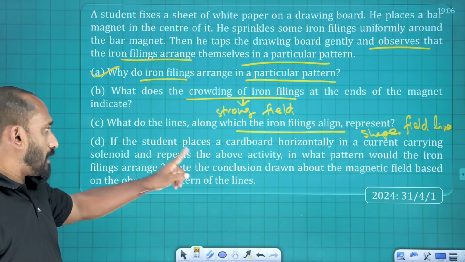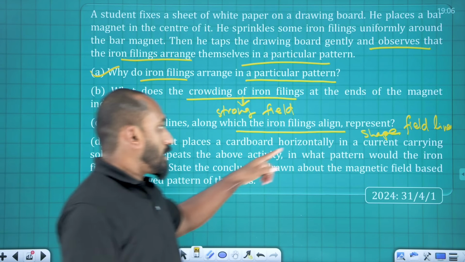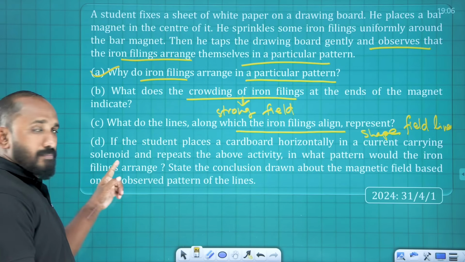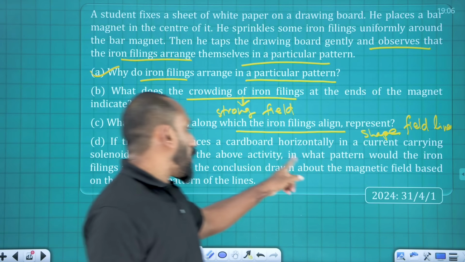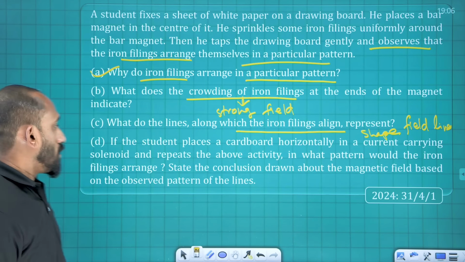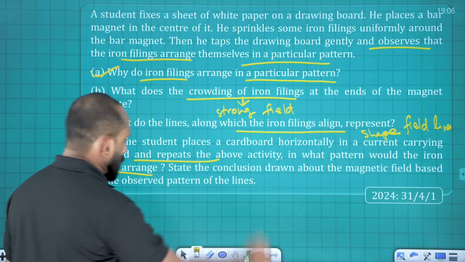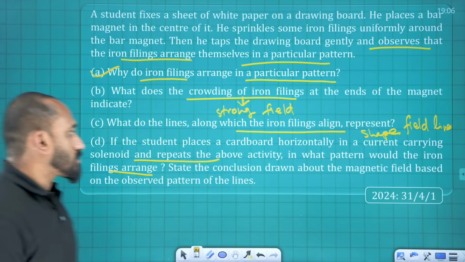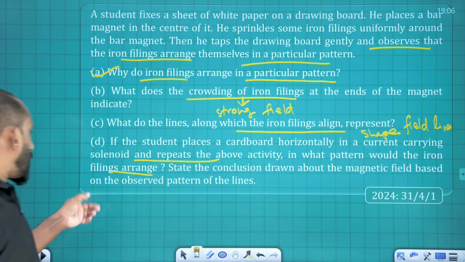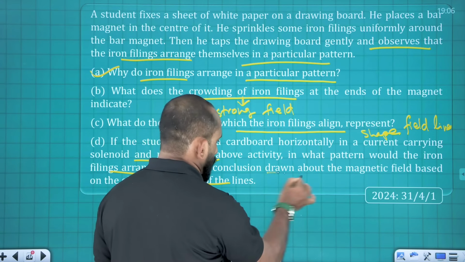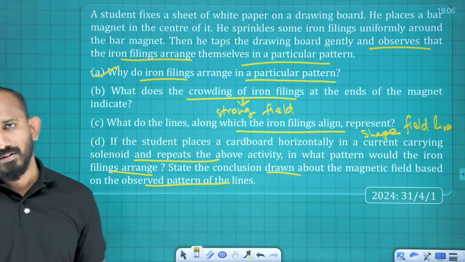D. If the student places a cardboard horizontally in a current carrying solenoid and repeats the above activity, in what pattern would the iron filings arrange? State the conclusions drawn about the magnetic field based on the observed pattern of these lines. Very important, it is a 4-mark question.